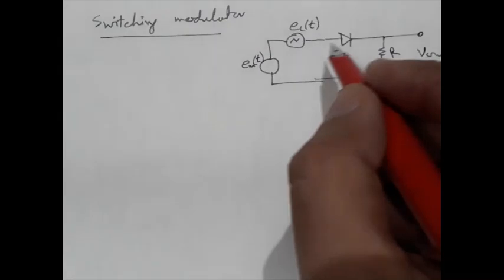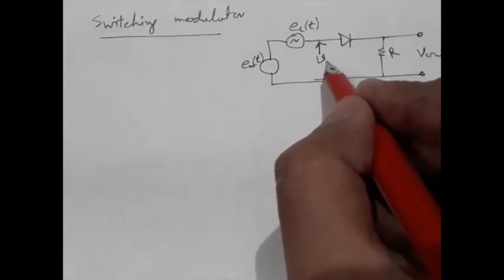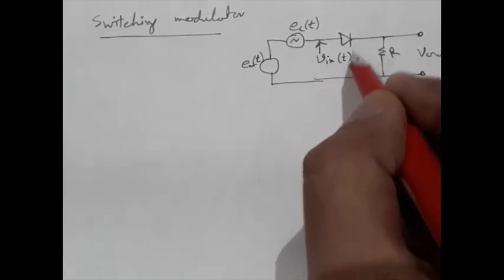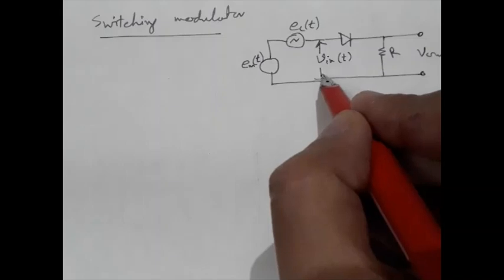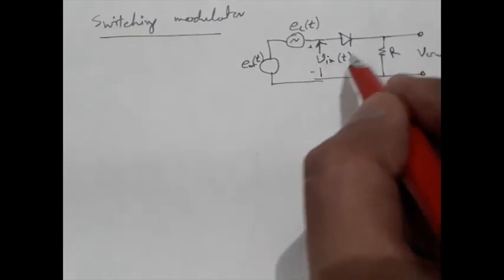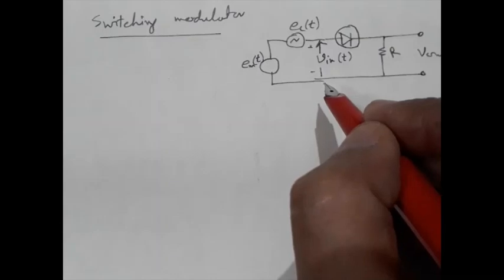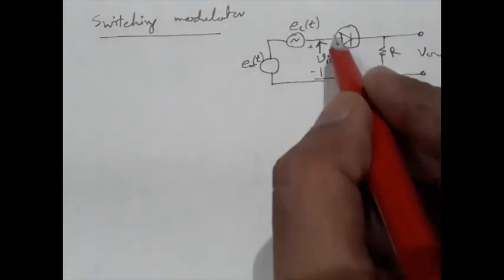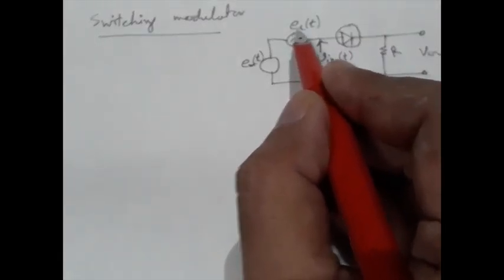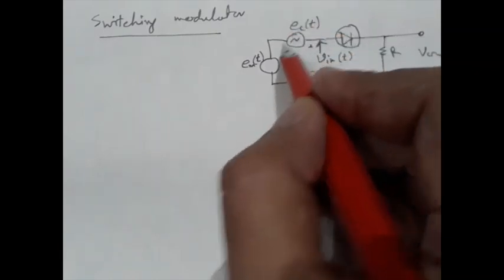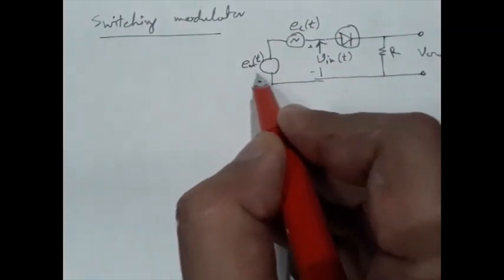So the basic modulator is this diode. This is the basic modulator. At the input of the diode, we have the carrier and the baseband signal.